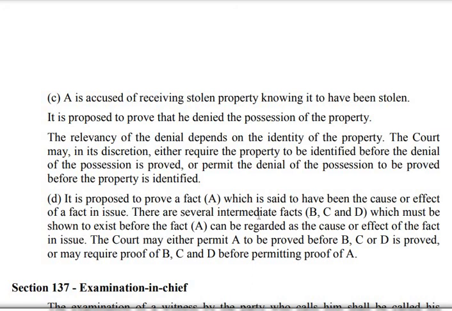There are several intermediate facts B, C and D which must be shown to exist before the fact A can be regarded as cause or effect of the fact in issue. The court may either permit A to be proved before B, C or D is proved, or may require proof of B, C and D before permitting the proof of A.